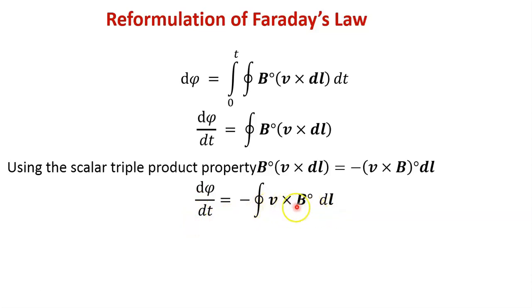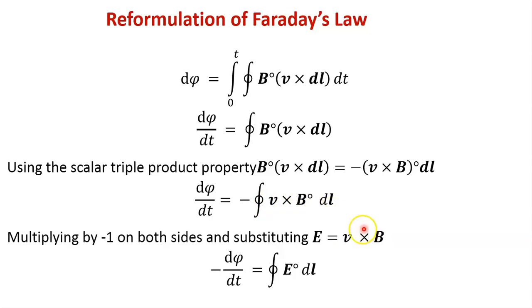So here v bar cross B bar is the quantity of interest, which is the induced electric field inside the conductor, and normal consideration offers us E bar is equal to v bar cross B bar, and here the minus sign we are taking on the left hand side, so that we have minus d phi by dt is equal to line integration along closed contour E bar dot dl bar.